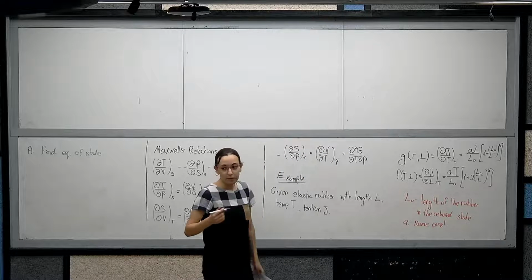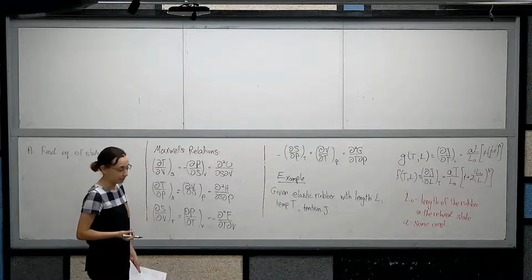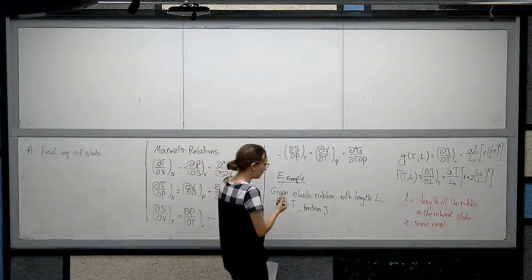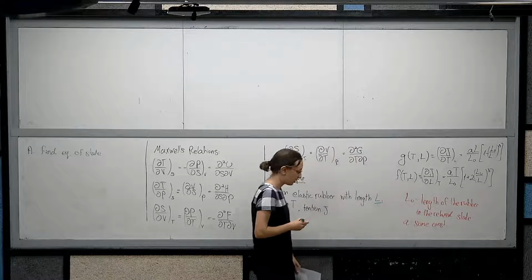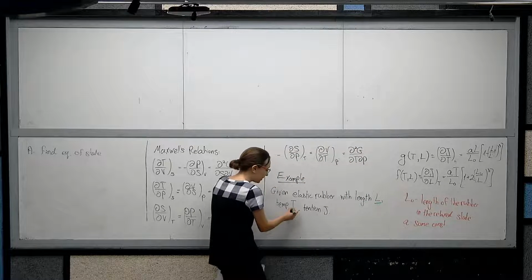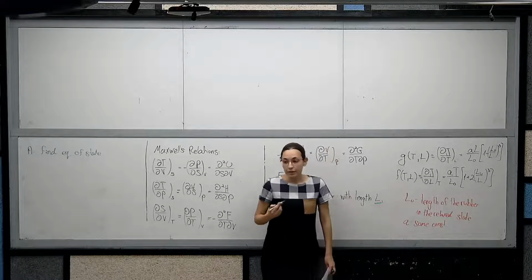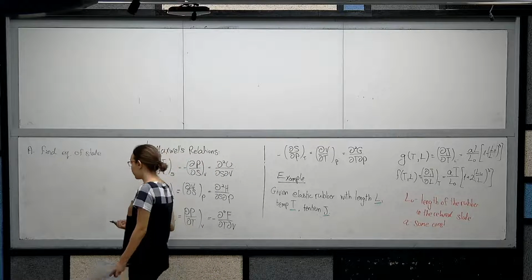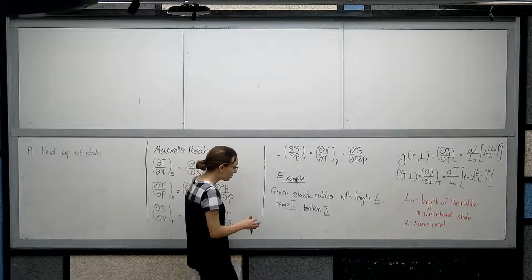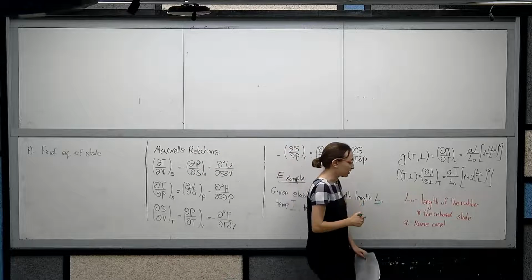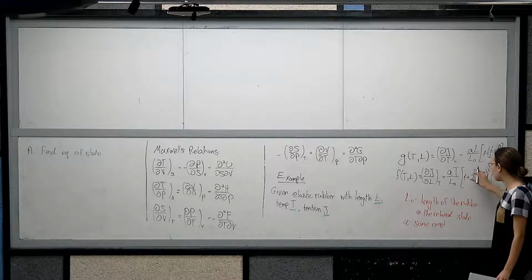So first let's see what the variables of the question are. We're given L, the length of the rubber, the temperature of the system, and the tension of the rubber. So we want some equation with those variables.